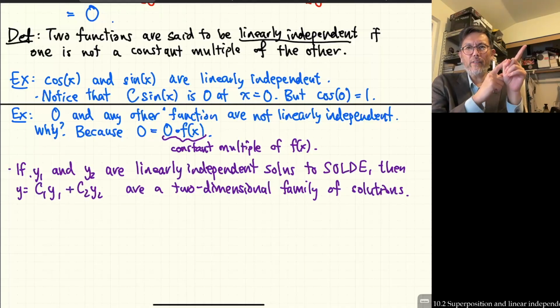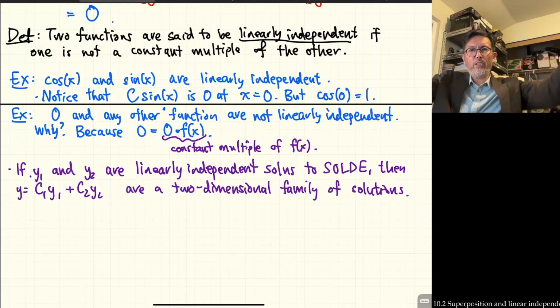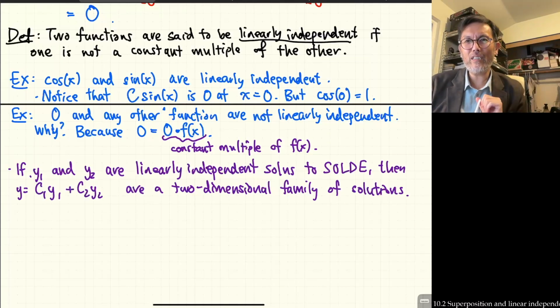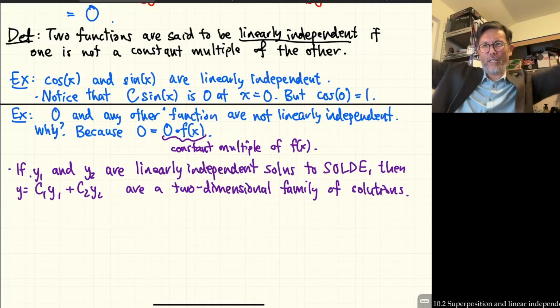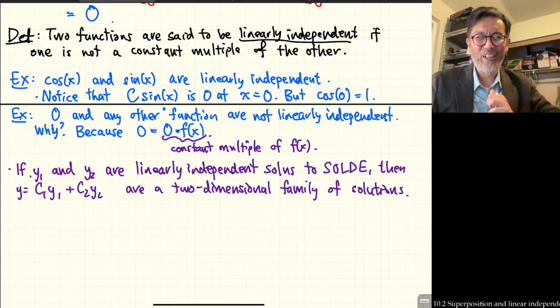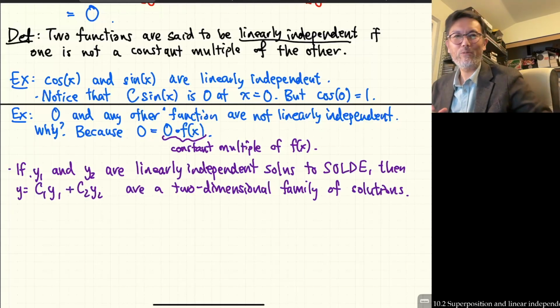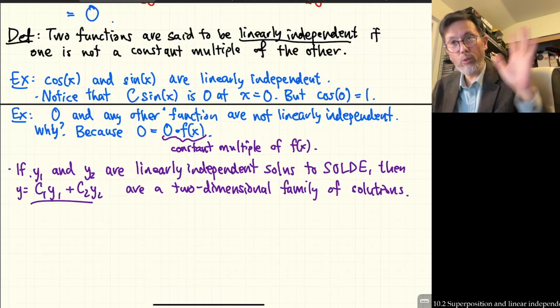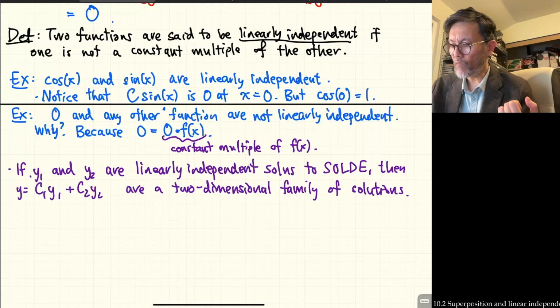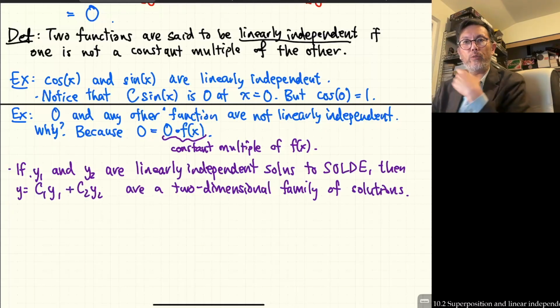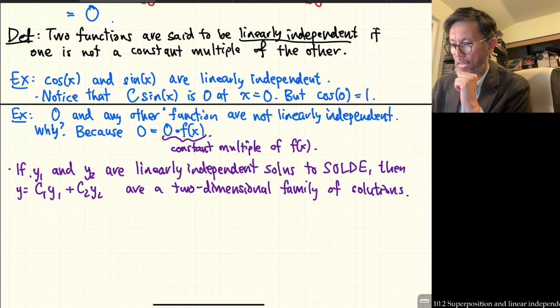Whereas if the two vectors point in two different directions, then there's something two-dimensional being constructed there. Okay, well, great. So this really is a two-dimensional set of solutions in the situation where y1 and y2 are linearly independent, okay?